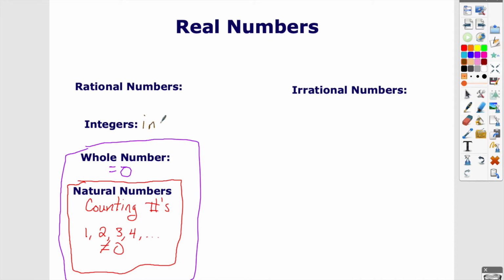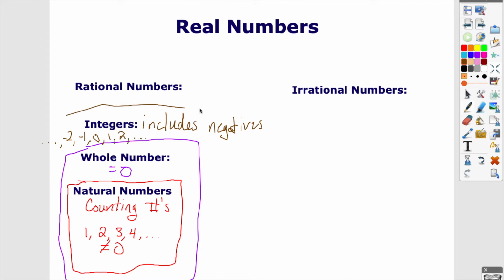So it includes negatives. There we go. Poorly written, but it still works. So we have -1, -2, yada, yada, yada, as well as 0, 1, 2, on up.